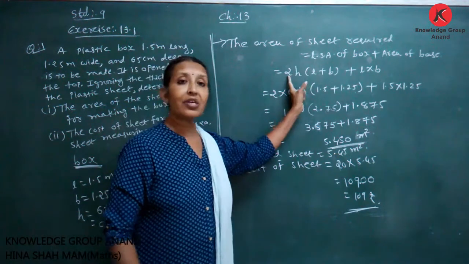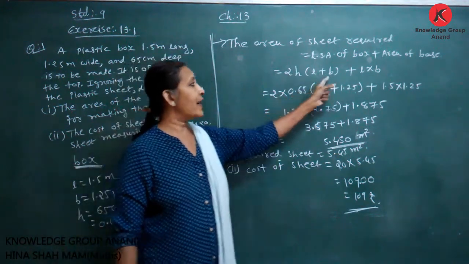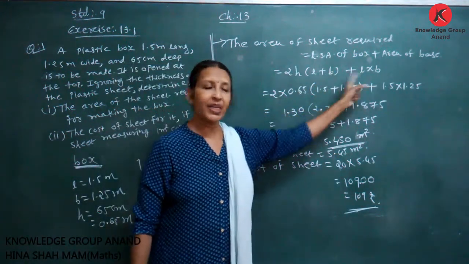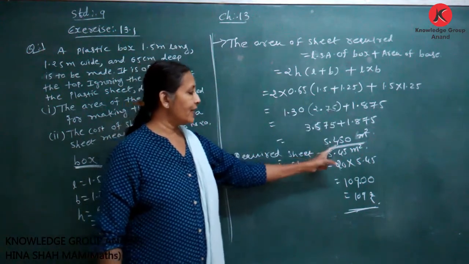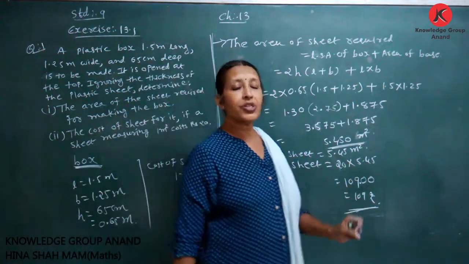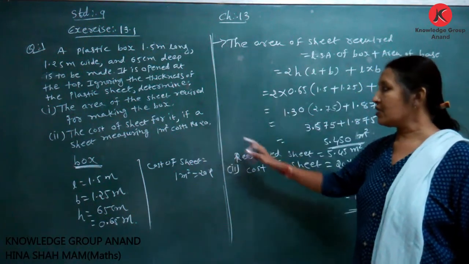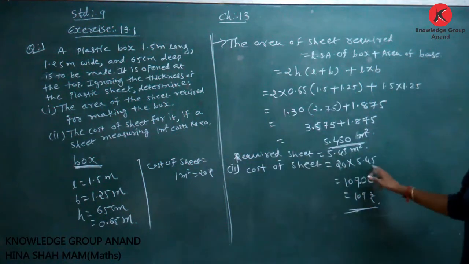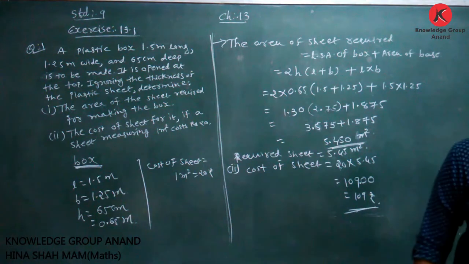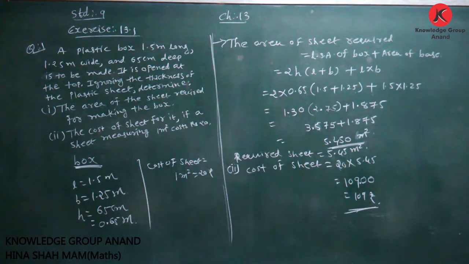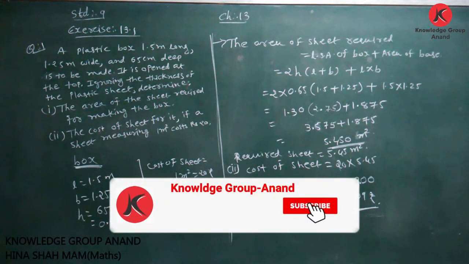Lateral surface area of box is 2h into L plus B, plus L into B. Then we calculate like this, and the cost of sheet for it is 109 rupees. Now learn all the formulas of this exercise, quiz chapter.